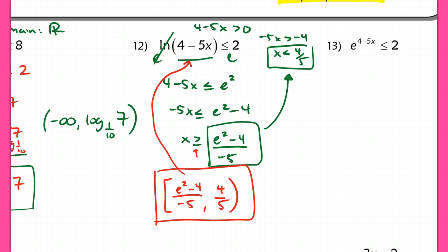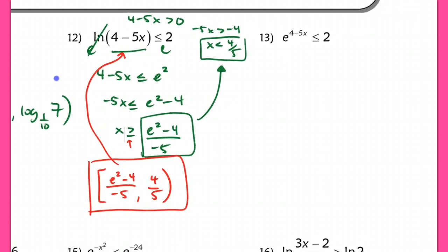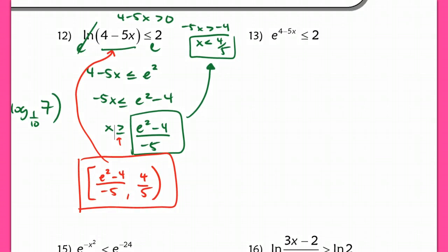Now in number 13, I want you to take a look, and these are almost the same type of question. I have 4 minus 5x here and less than or equal to 2, so it's very similar, except now it's an exponential instead of a logarithmic. So the domain here is all reals. When we solve this and take the natural log of both sides, I end up with 4 minus 5x is less than or equal to the natural log of 2.